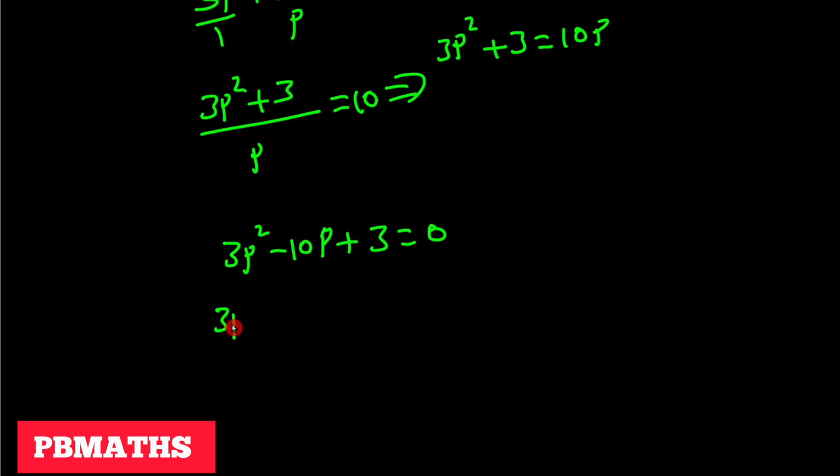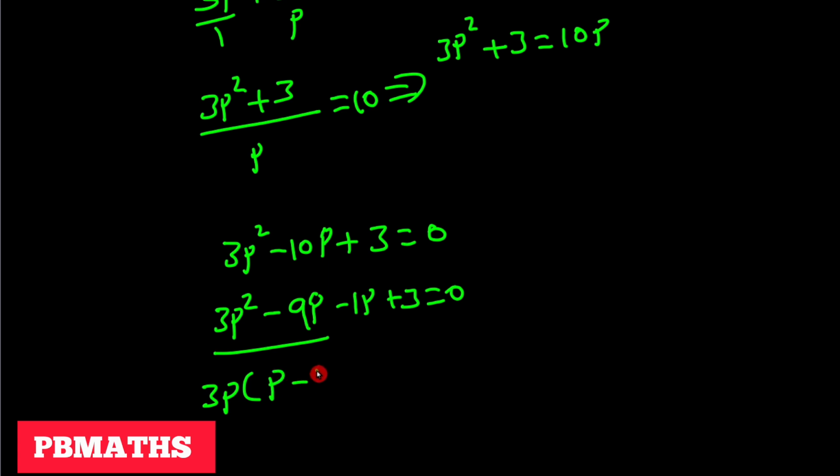Then we can write it as 3p square minus 9p minus 1p plus 3 is equal to 0. Out of these two terms, let's factor out 3p. Then we are left with p minus 3. In these two, let's factor out minus 1. Then we have p minus 3 equals 0.